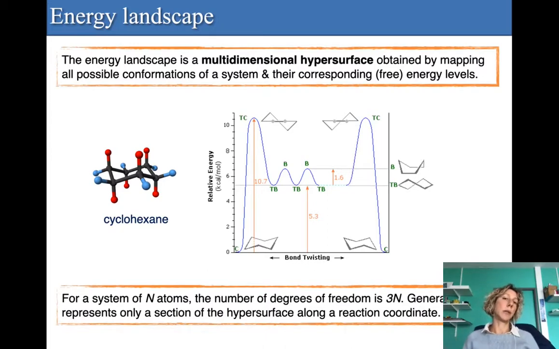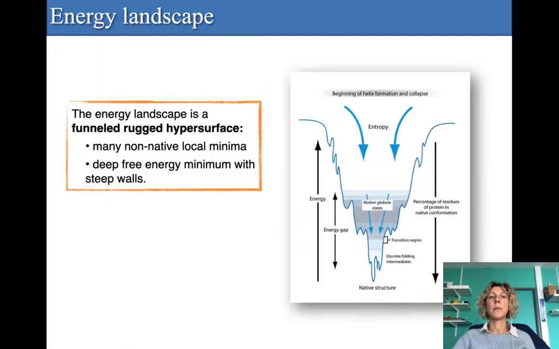So here the bond twisting is really useful, but for a big system, it may not be obvious to find a reaction coordinate, something that really describes well the whole system. So there is a complexity associated with the objects we manipulate, which makes this energy landscape difficult to access and to characterize.